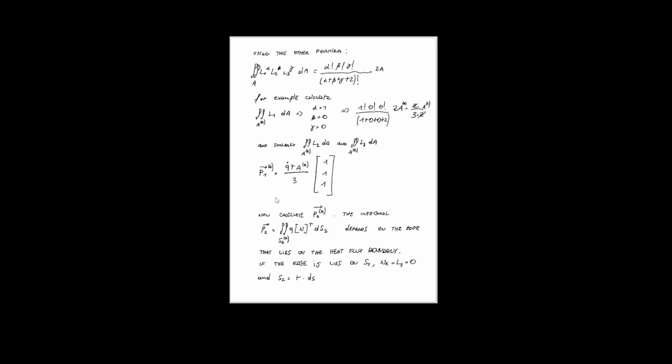Now we can calculate P2E. The integral P2E, that is stated here, depends on the edge that lies on the heat flux boundary, obviously. If the edge Ej lies on S2, Nk is equal to L3 is equal to 0. And also dS2 is equal to thickness multiplied the line integral differential.